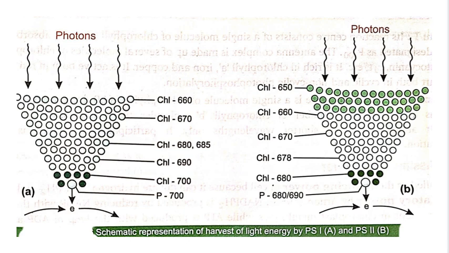Light energy is being absorbed by the various chlorophyll molecules in both photosystems, and you can see the reaction center P700 in A and P680 in B. They are in a ground state, and as soon as photons are absorbed, the chlorophyll molecules become excited, and at the reaction center they release an electron.